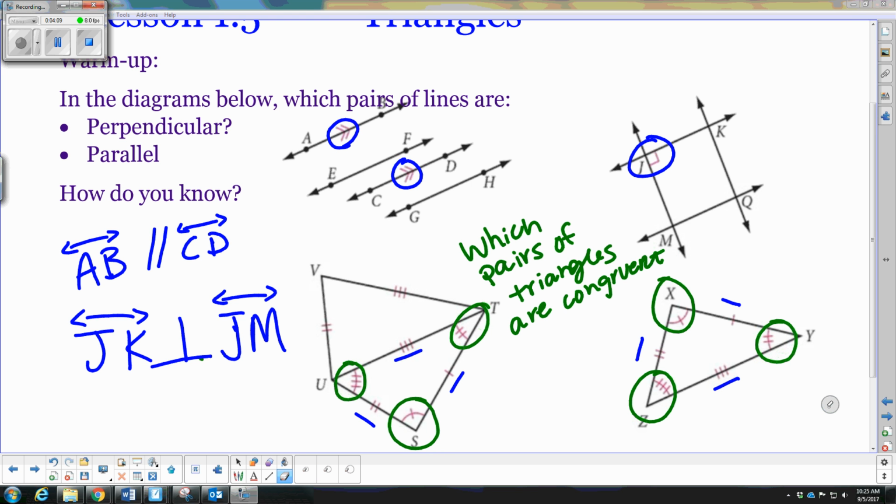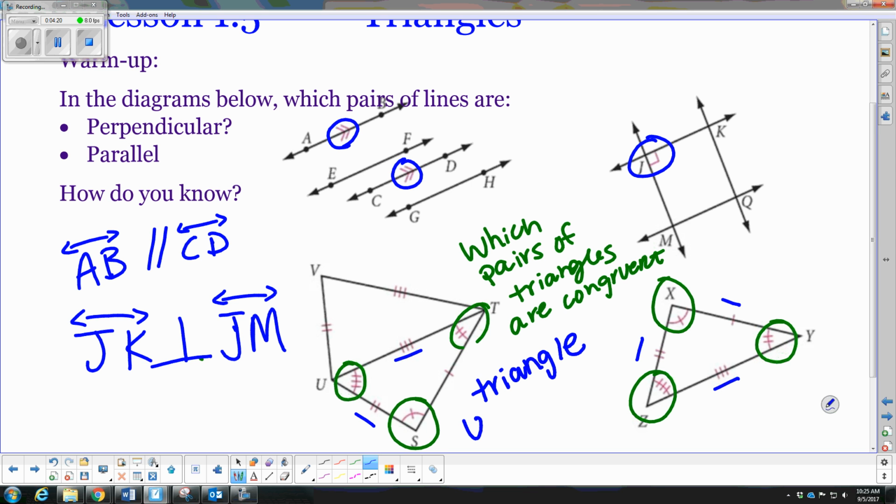So therefore, we can conclude that triangle UTS is congruent to triangle ZYX. Again, remember you have to line up your corresponding angles and your corresponding sides when you write the statement of congruence.